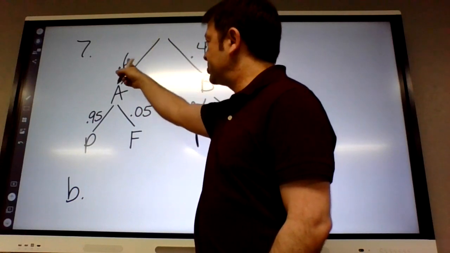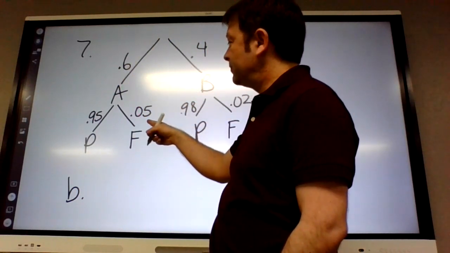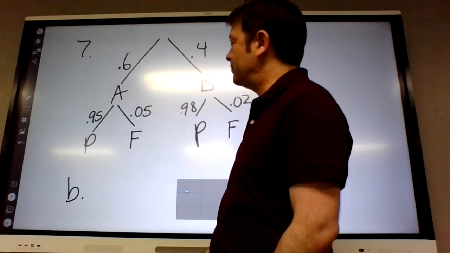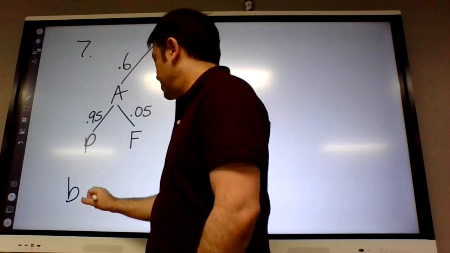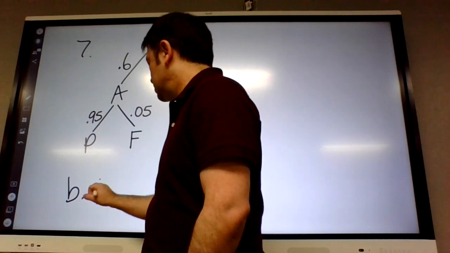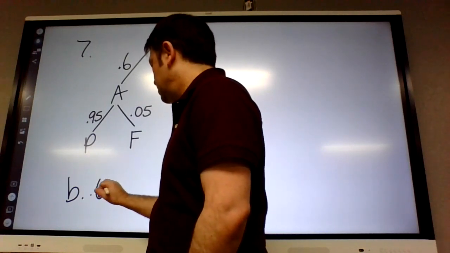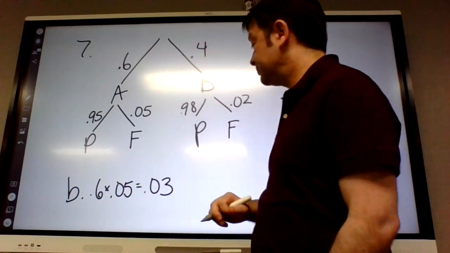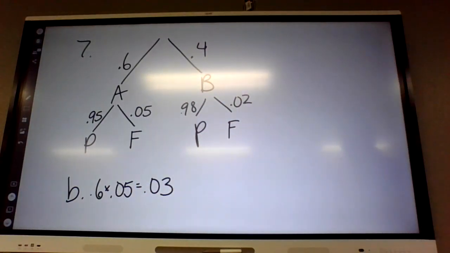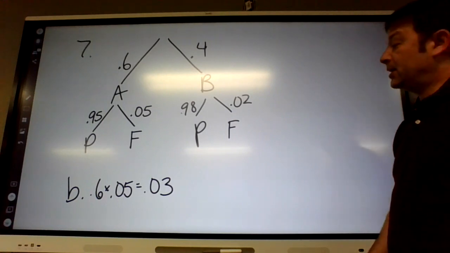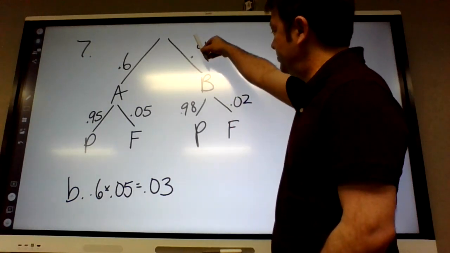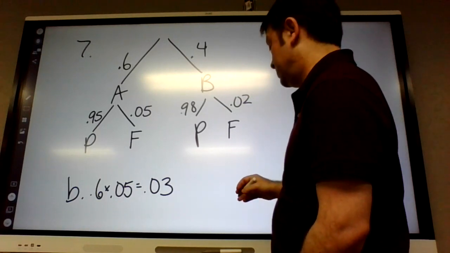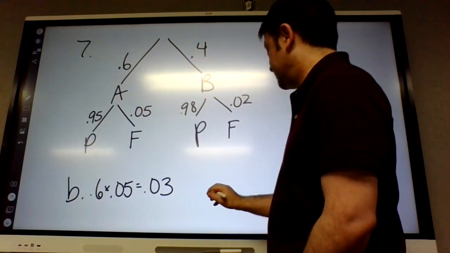So the percent from machine A that fail is 0.6 times 0.05, should be 0.03. And the percent that comes from machine B would be 0.4 times 0.02, which would be 0.008.